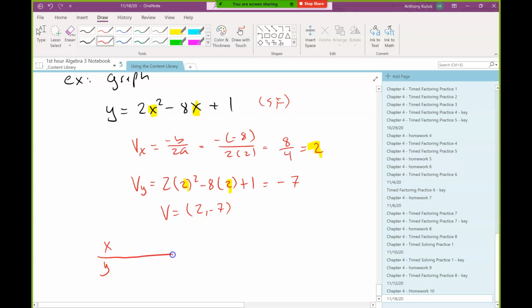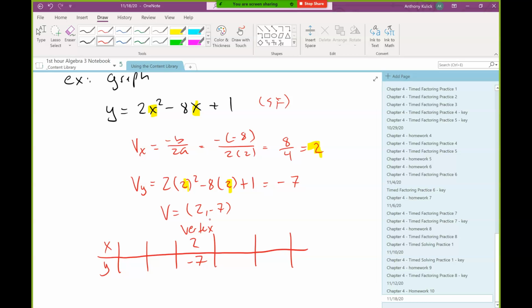Now I'm going to make a little XY table to keep things organized. I'm going to draw mine horizontally, since I'm doing stuff on each side of the vertex. I think it's a little easier to write it horizontally, but you could write it vertically if you wanted to. The vertex just needs to go in the middle. Now I need 2 points on the left side of the vertex and 2 points on the right side.